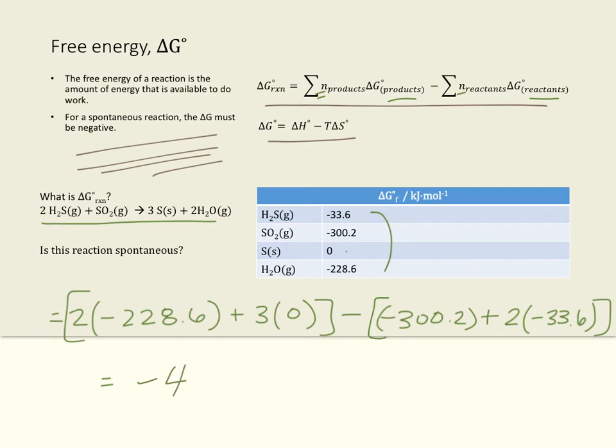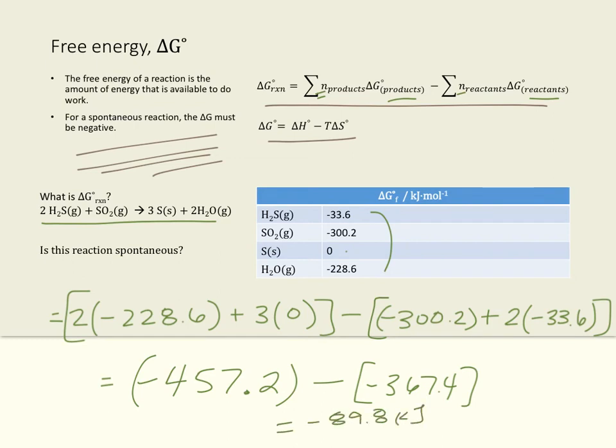And so this is negative 457.2 minus the quantity 2 times negative 33.6 plus negative 300.2. So I've got negative 457.2 minus negative 367.4, and I get negative 89.8. The units are kilojoules. And so yes, this reaction would be spontaneous because we've got a negative delta G.